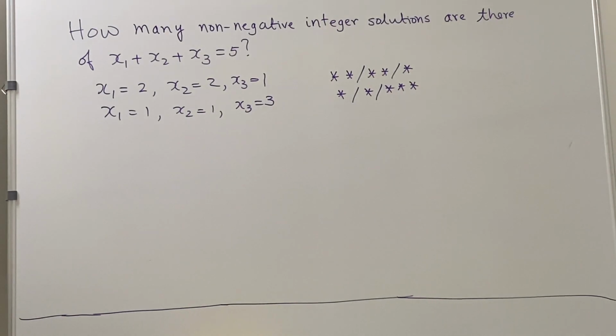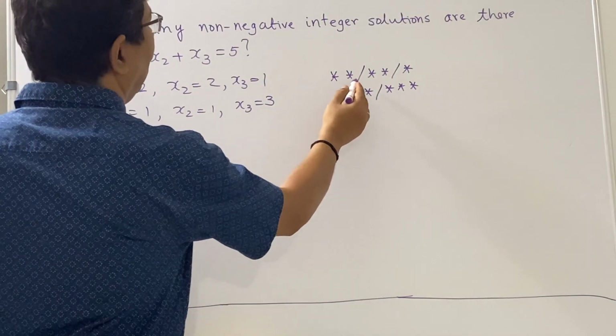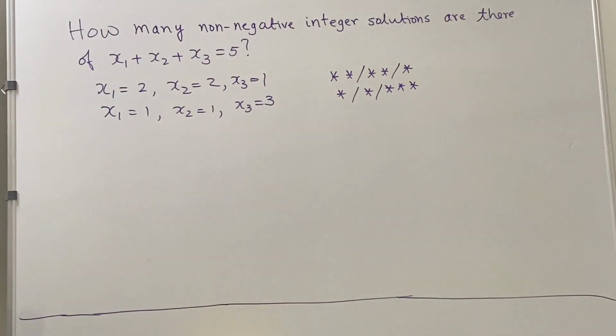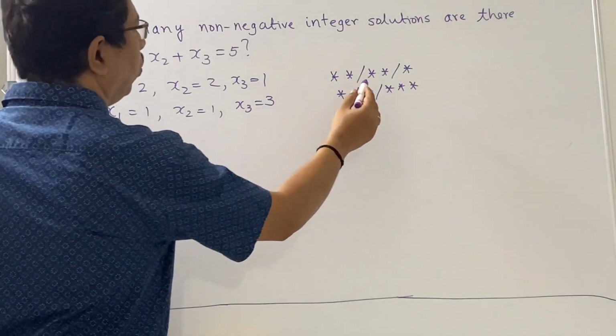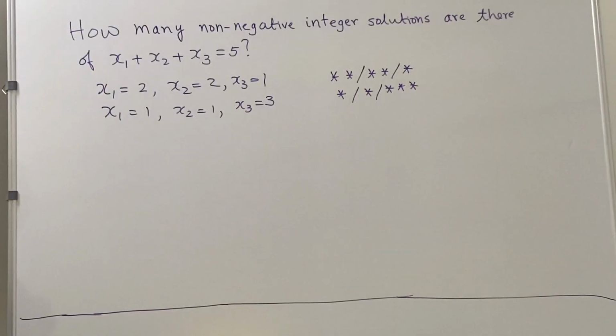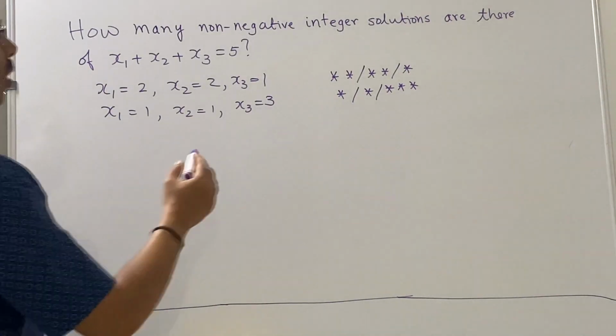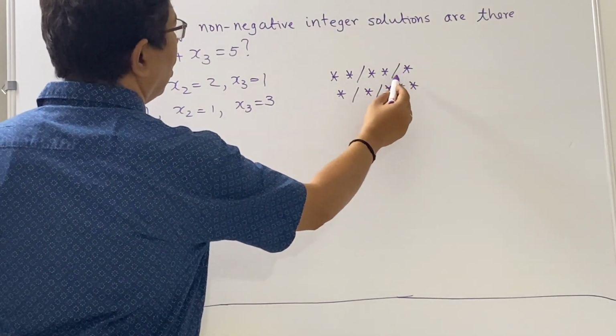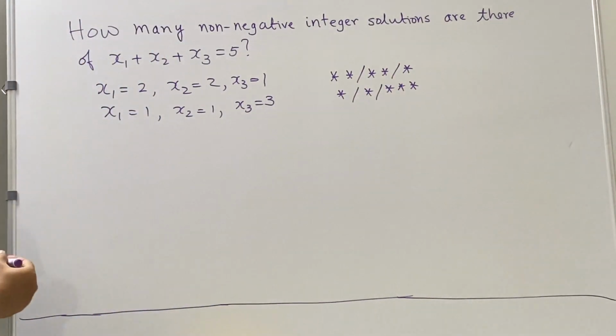you would have by now guessed that what we are putting on the left hand side of the first slash corresponds to x1. The number of stars that we are putting in between the two slashes corresponds to x2, and the number of stars to the right hand side of the final slash is x3.